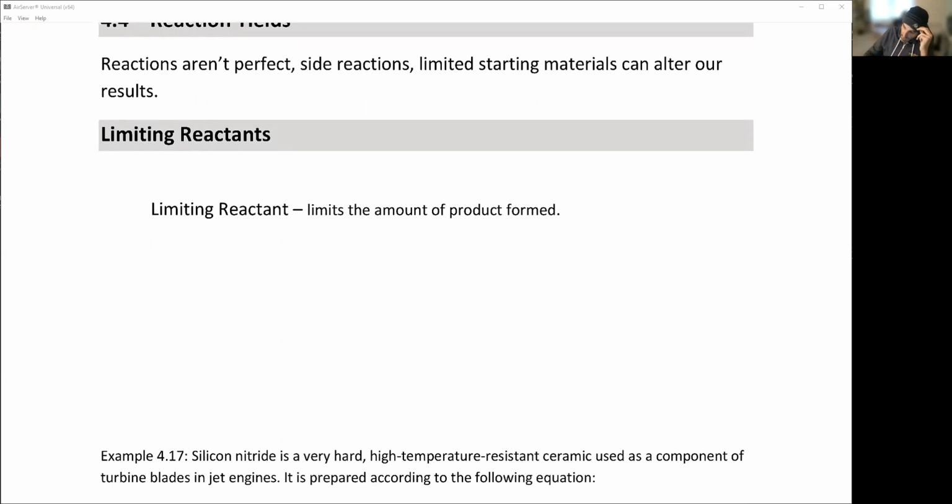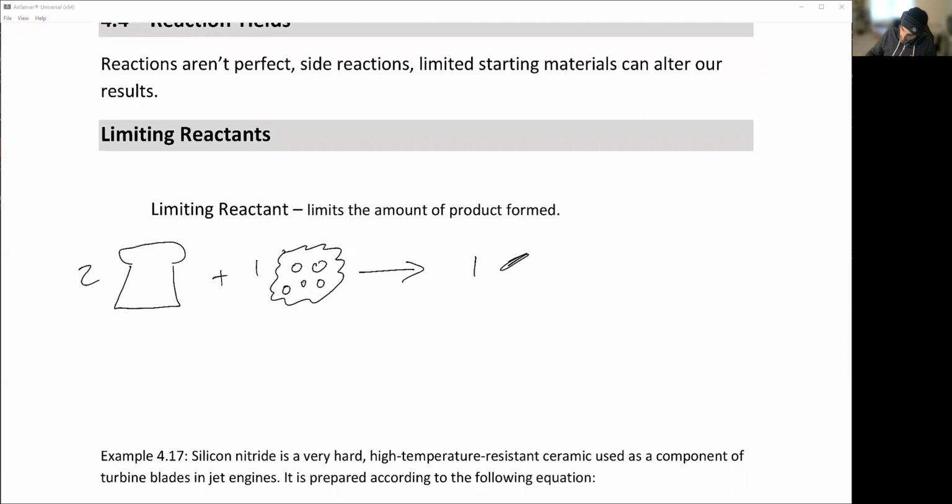So let's say we're going to make some cheese sandwiches, delicious cheese sandwiches. We have a reaction of 2 slices of bread plus 1 slice of cheese, and we're going to put some holes in it, maybe it's going to be Swiss, whatever, yields 1 fully formed sandwich.